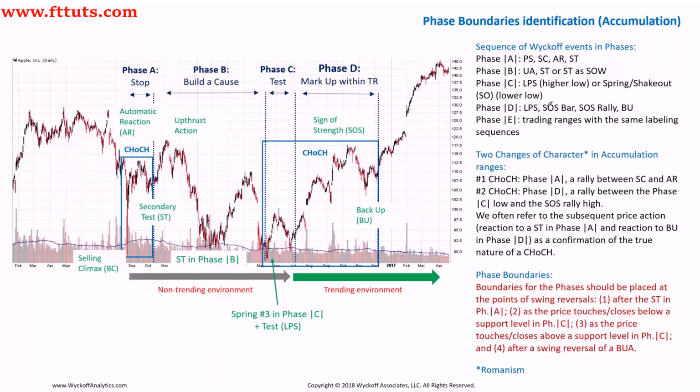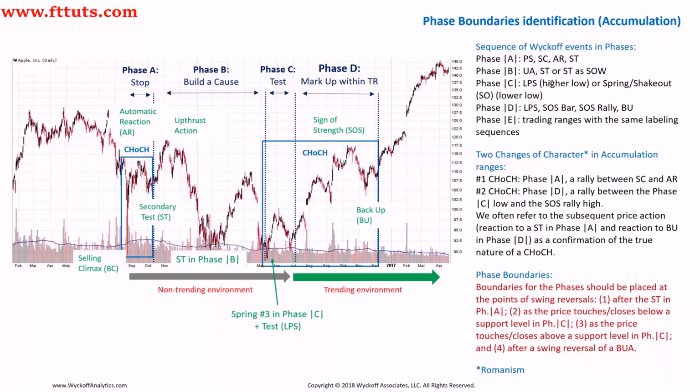In the instances when the price is going to overcome the resistance, we're going to say that we're looking at the upthrust action. Sometimes I label it as upthrust action, like this, UTA. And then if we're going to have a lower low, then we're going to label it as a secondary test, as a sign of weakness, as a minor sign of weakness, actually. Yeah, some small corrections here are needed.